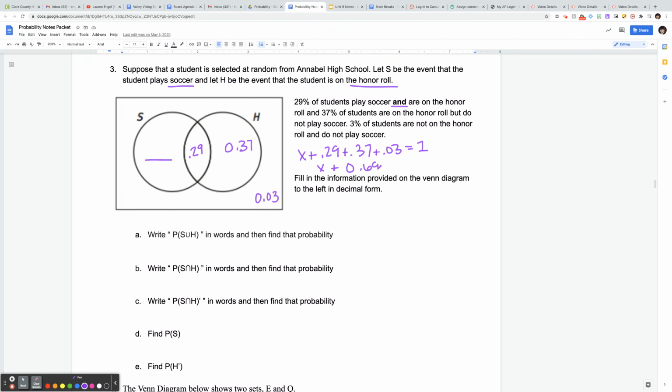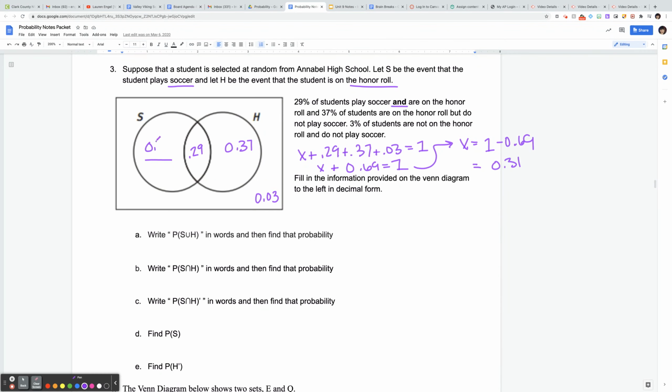And then I'm going to subtract 0.69 from 1. Oops, hold on. So I need to subtract 0.69 from 1. So that value is 0.31. So that's what goes here.